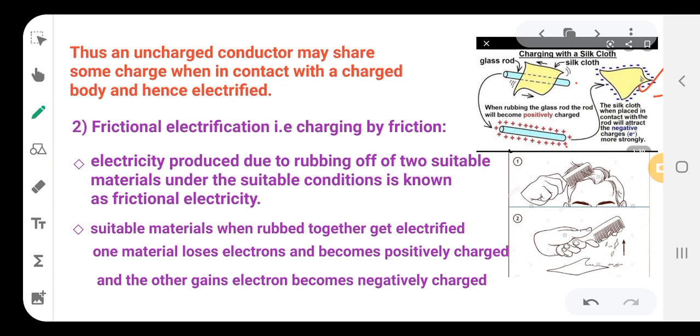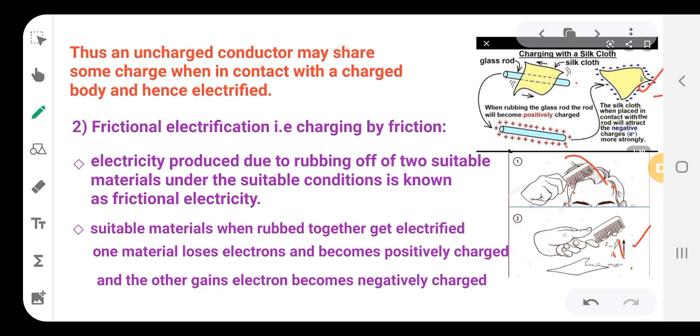Also, when we comb our hair, especially dry hair, the charges are on the comb, and when we bring that charged comb towards the paper pieces, the paper pieces are attracted towards the comb in the second diagram.